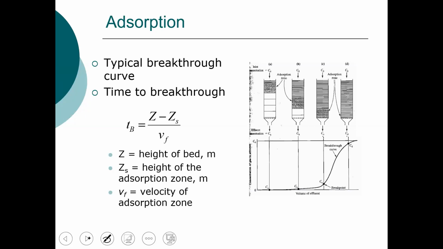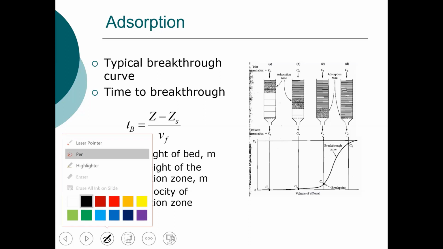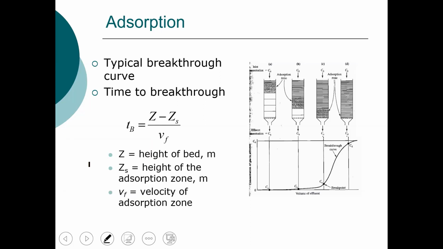Okay. A number of things to recognize. This area shown here, which I just highlighted in yellow, is the adsorption zone. The way we model these systems is that we assume equilibrium occurs in the adsorption zone.